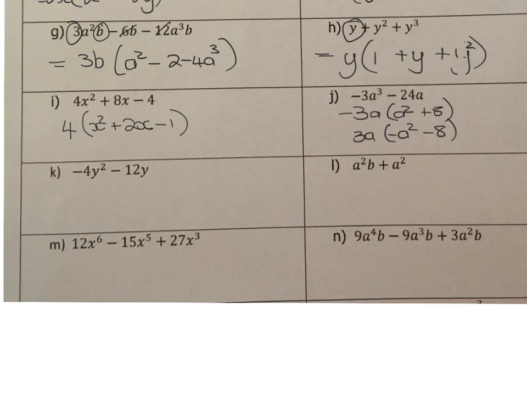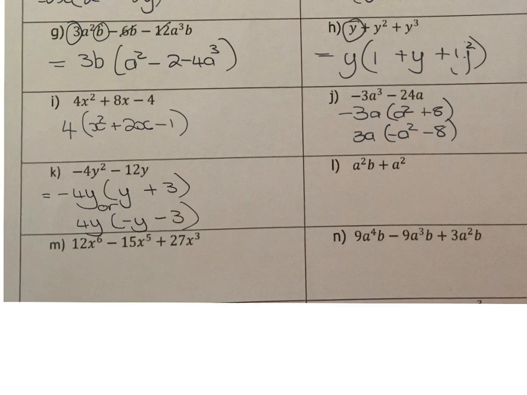K will be minus 4y. And that will give you y here, and positive 3 there. Or it will be 4y with a negative y and a negative 3.